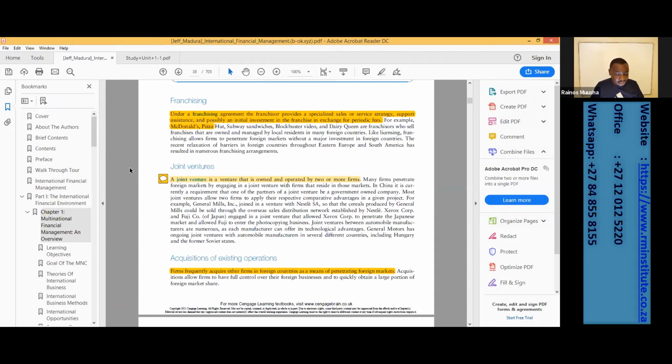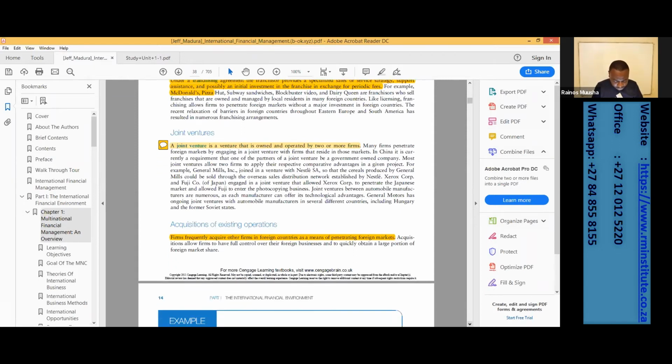So that way the multinational company would have to go into a joint venture with the local company so that they can operate in certain countries as well. So the operation that they're going to be doing in that particular country is now going to be owned by the two firms, which is the multinational corporation and also the local company that is involved in the operation. So this is where they can form a joint venture.